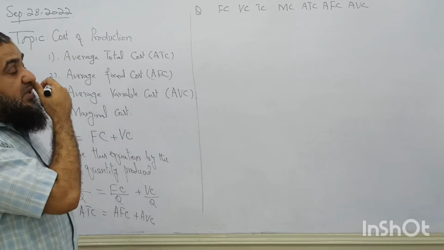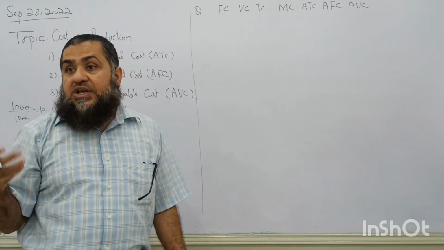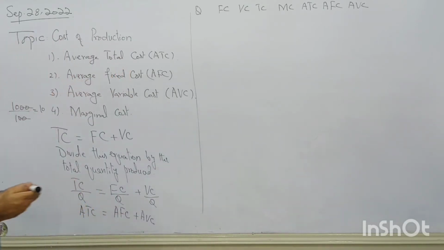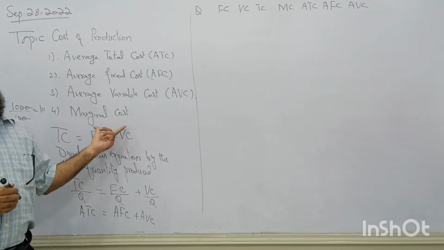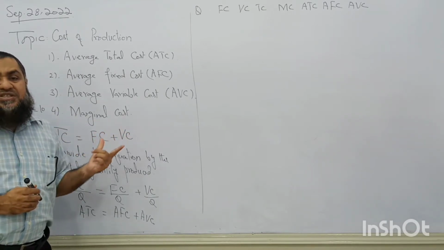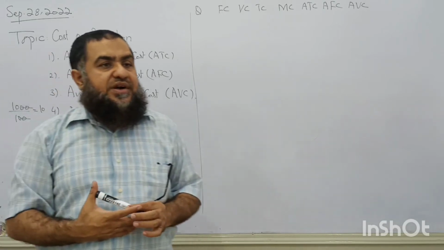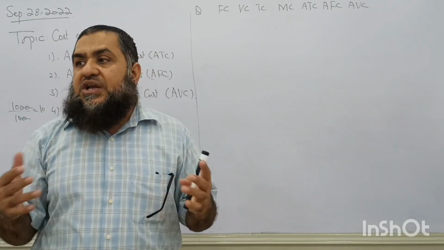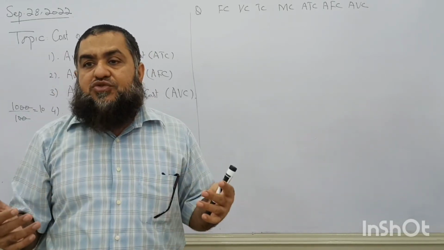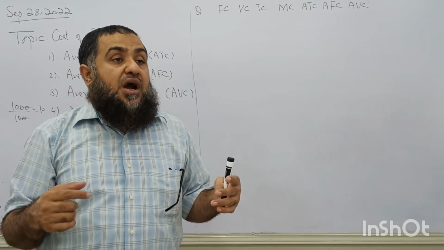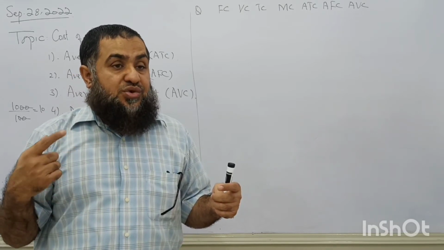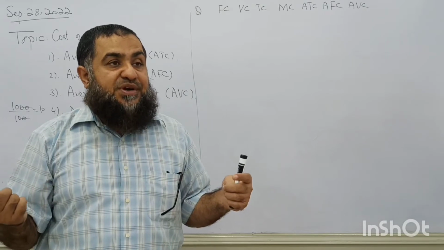Now I am going to make this table that will make you more clear about the cost of production. One thing I want to explain, what is marginal cost? Marginal means extra or additional. This is the additional cost of an additional unit produced by a firm, or we say how much is the change in total cost due to an extra unit produced.